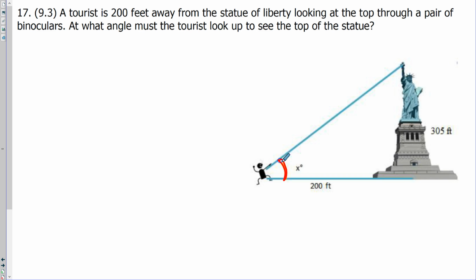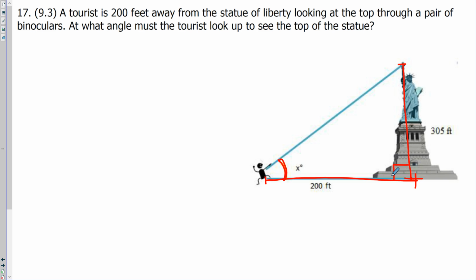We can see we're interested in finding this angle measurement. Our tourist is 200 feet away from our Statue of Liberty. The Statue of Liberty is 305 feet tall. And all objects, kind of like our last example, if they're standing straight up, you can assume that they're perpendicular. So we have a right-angled triangle. We're interested in the relationship between an angle measurement and a side length.